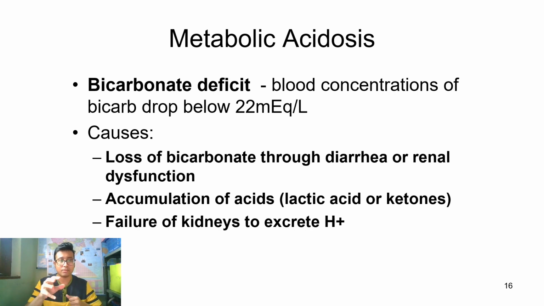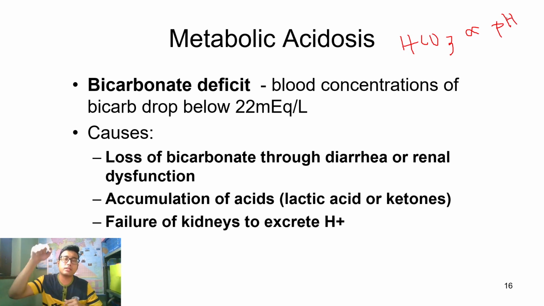We saw the value of PCO2 was inversely proportional to pH. However, the level of HCO3 minus is directly proportional to the pH. If HCO3 minus goes low, pH will also go low.